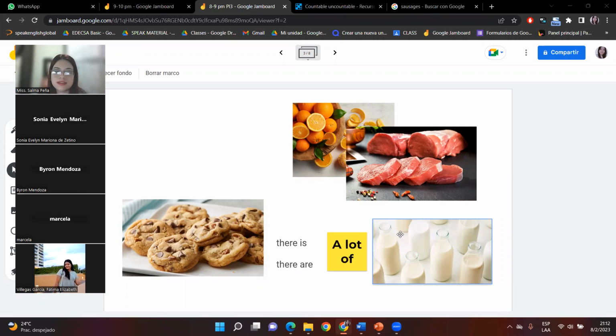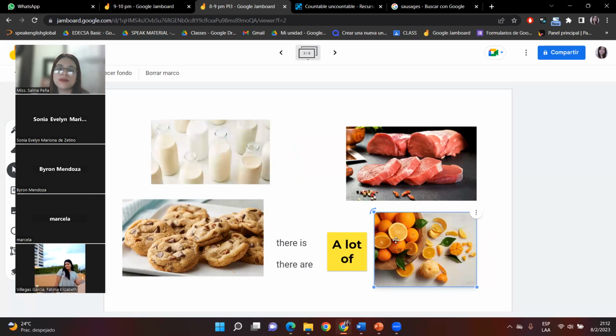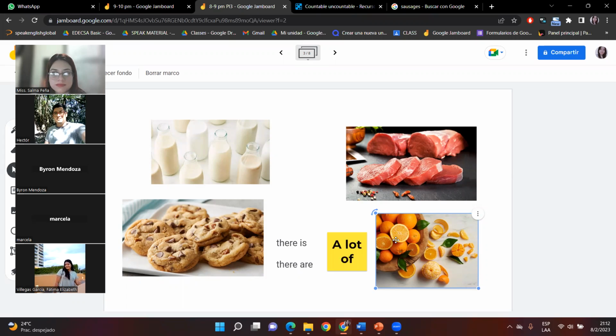Because milk is uncountable. And what about Hector? What about this one? There are a lot of oranges. And orange is countable or uncountable? Countable. It's countable.